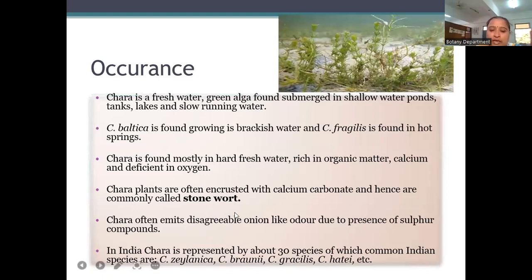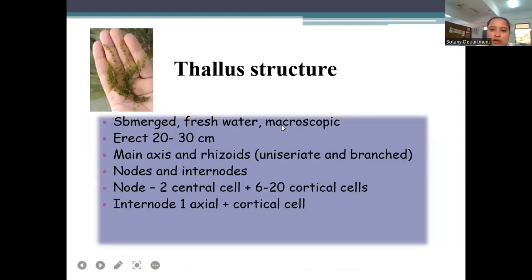In our India, you can observe only 30 species. The common Indian species are Chara zeylanica, Chara burmanica, Chara gracilis, and Chara haitensis. These are the Indian species of Chara. Here you can observe the well differentiated plant body. Plant body means thallus, the main important part of Chara. Into what is it differentiated?